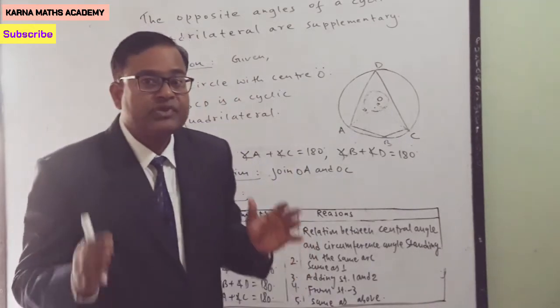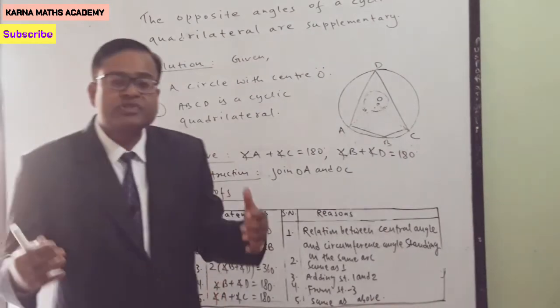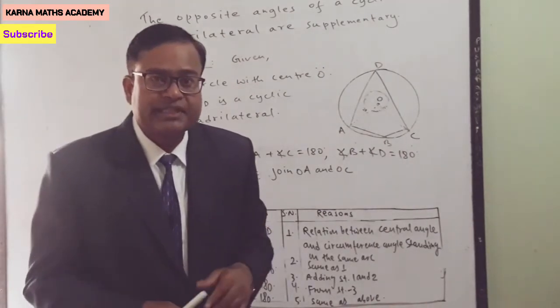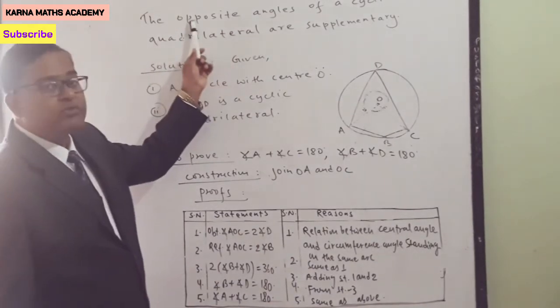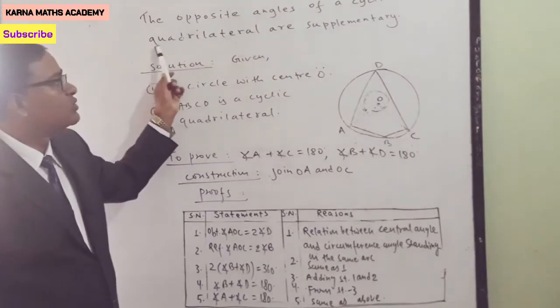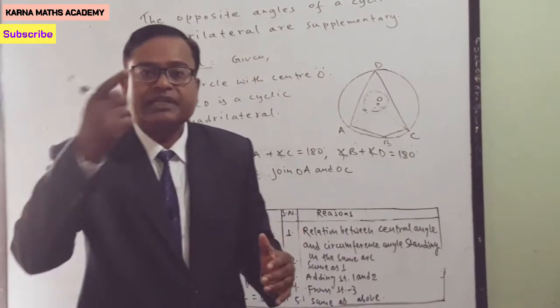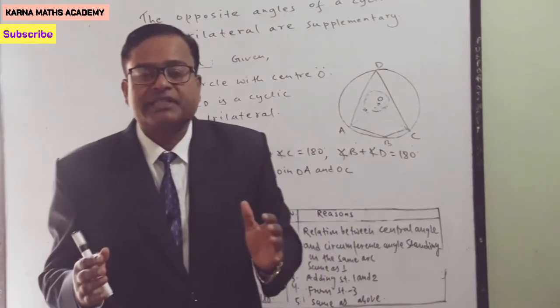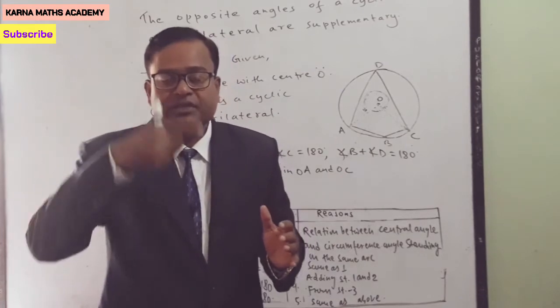So dear students, before we end this video, let's review once again the process we have followed to prove this theorem. Dear students, according to theorem 4, we have to prove that the opposite angles of a cyclic quadrilateral are supplementary. Cyclic quadrilateral means the quadrilateral whose all the vertices, that means all the 4 vertices, lie in the circumference of the circle.